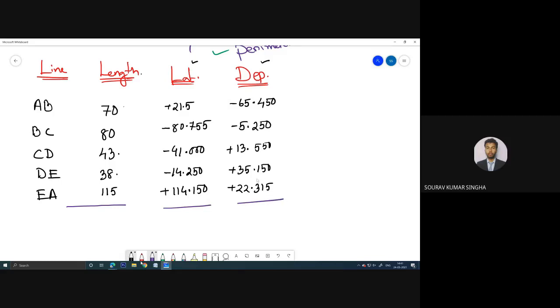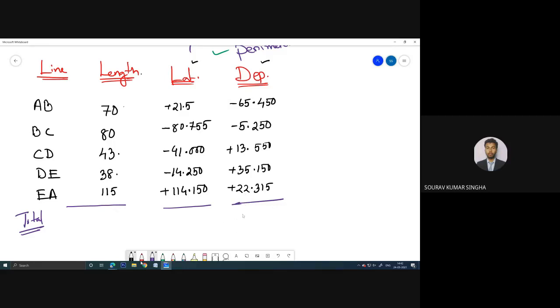Now you just tell me what is the summation of this departure. I can write over here total. This is the total value. Now tell me, after adding all this, minus 65.450, minus 5.250, this each and every term, after adding this value, what is the value you get?